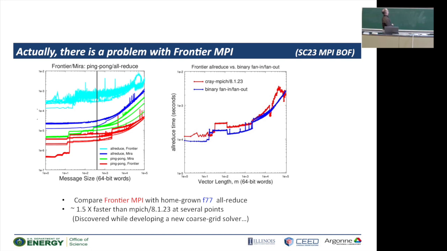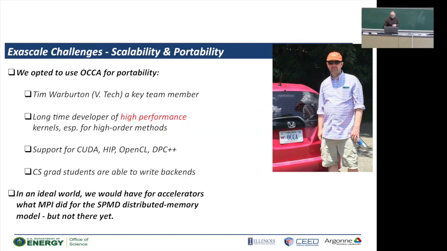Ken invited me to come and get shouted at by the people at the MPI booth at supercomputing. It was fun. Tom was there. One of the points they made was, well, maybe you can tweak your environment variables. I'm like, no. It's a basic operation. If I can write source code that outperforms it, why would I tweak anything? I'm just going to use my own code.